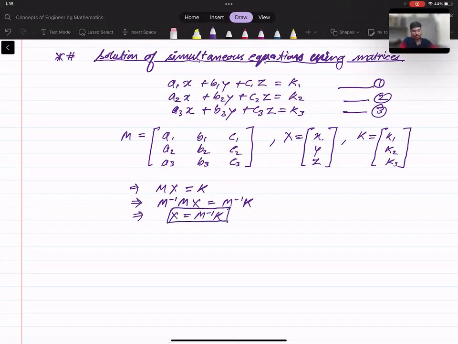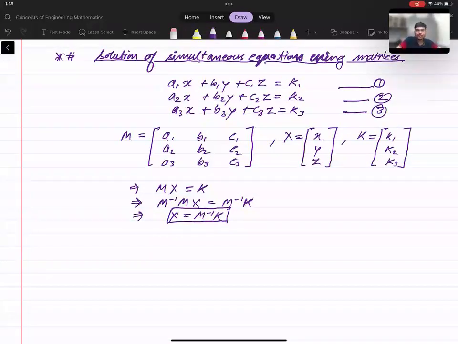So what we need to do is simply invert the coefficient matrix and multiply it with the matrix of constant terms. Then it will result in the matrix corresponding to the values of the unknowns. So this is the method of finding the solution of simultaneous equations in three variables.